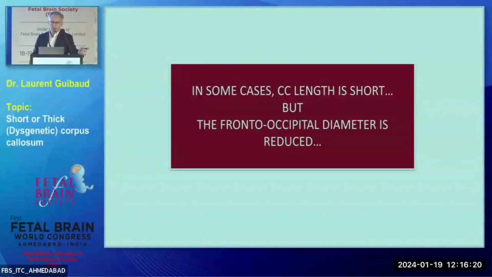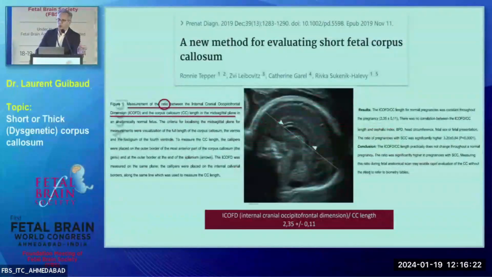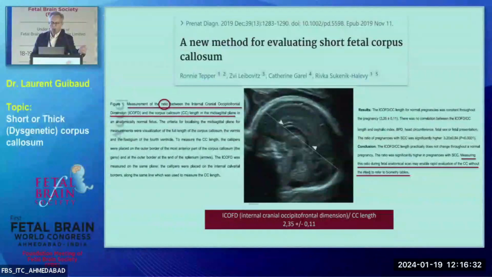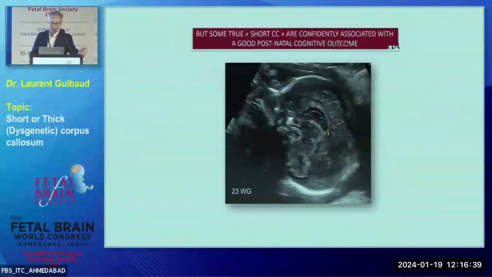How should we do that? In fact, you should refer to this article and to the ratio between the internal cranial occipito-frontal dimension and the length of the corpus callosum without referring to any normograms. This is, in fact, very useful in practice.